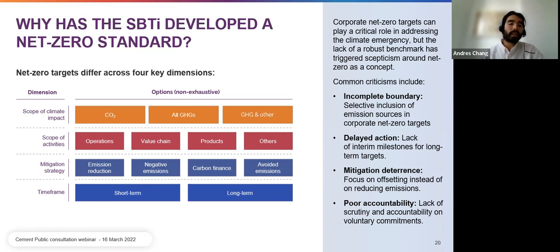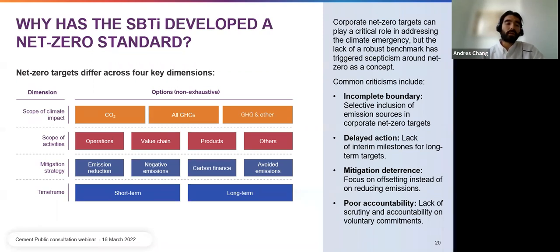And really, this diagram shows 4 dimensions along which net zero targets differ, but I often simplify it to 3 dimensions: what's covered, what counts, and by when. The SBTi's net zero standard provides a level of consistency for all of these questions, and it also aims to align with science in terms of how we answer the question of what's covered, what counts, and by when.